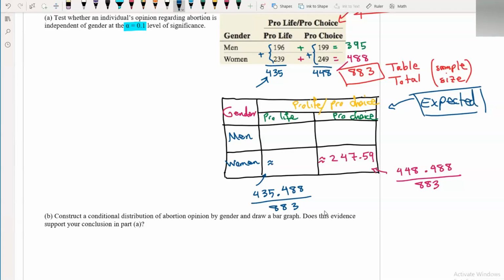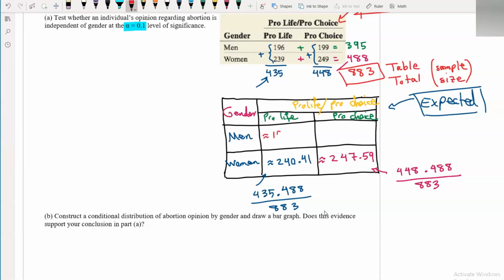Rounding to 2 again, 240.41. Now here men pro-life, so men is 395 multiplied by 435 divided by 883.